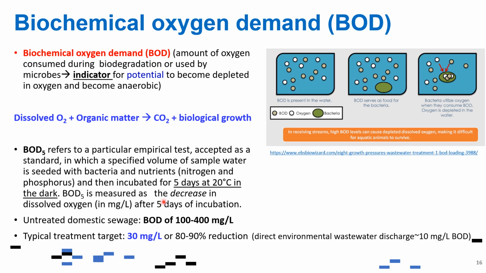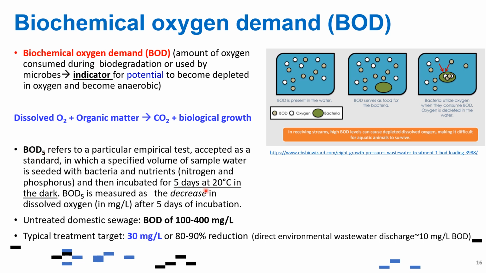For domestic sewage, the usual amount of BOD is around 100 to 400 milligrams per liter, and the target is to make it below 30 milligrams per liter at the output. BOD is usually measured using BOD5, which refers to an empirical test that involves around 5 days of sampling.